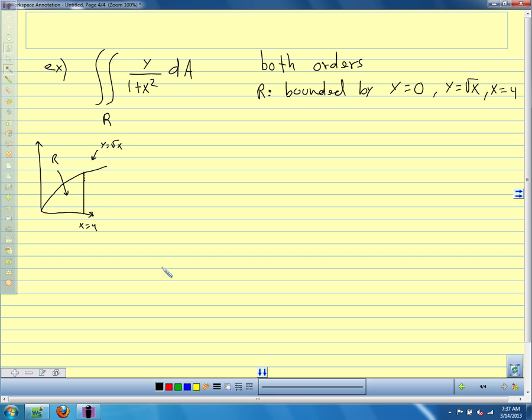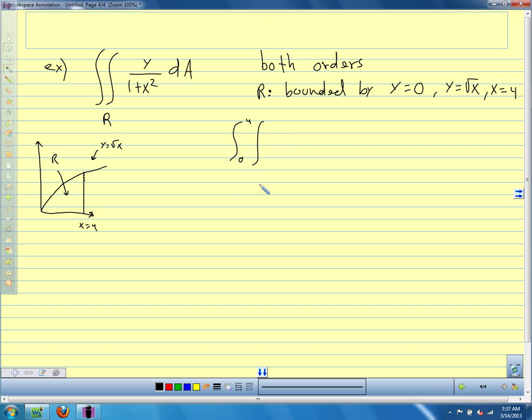So we want to set this up for both orders of integration. So let's do a vertically simple region first. So for the vertically simple region, our outer integral is going to be for dx. So what are our x variables of integration going to be here? 0 to 4.